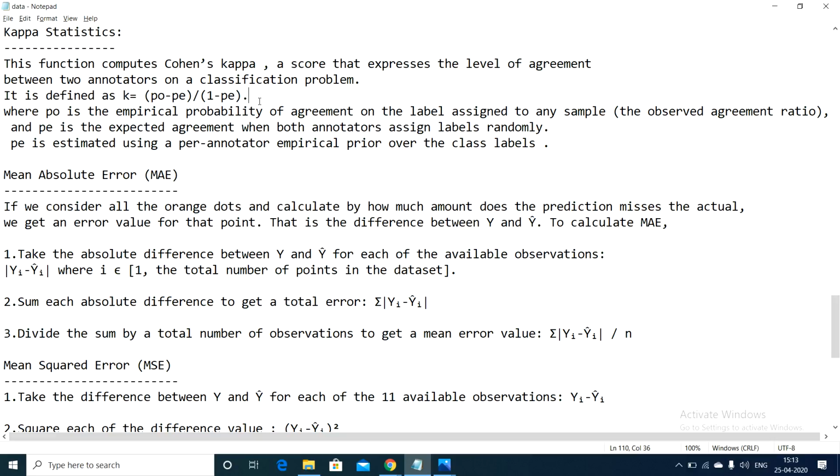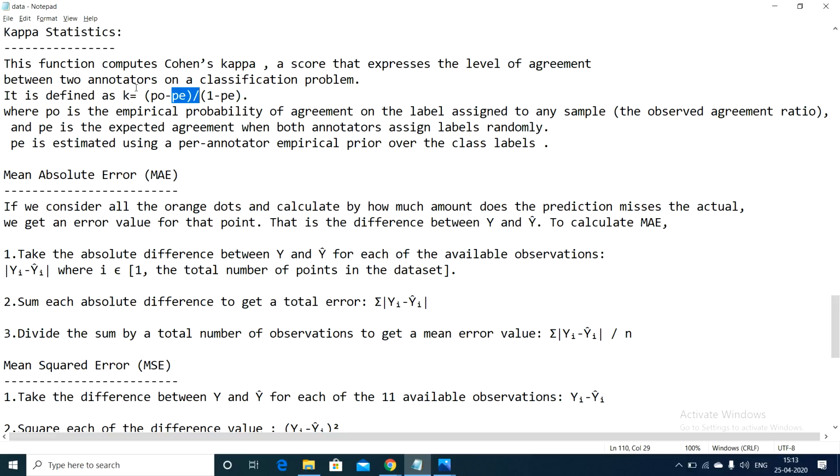I only have the formula here, which is taken from the scikit-learn documentation, in which P naught represents the empirical probability of agreement on the label assigned to any sample, and PE represents the expected agreement when both annotators assign labels randomly.